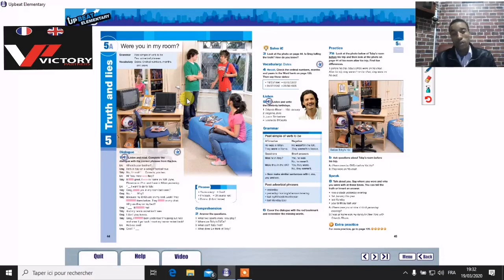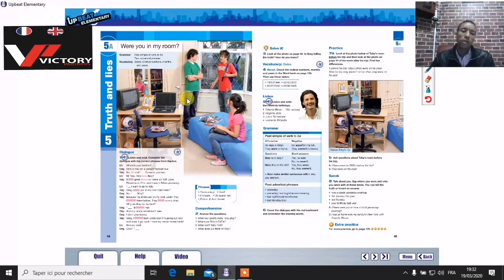In the picture, of course, we have also some furniture. As we studied before, we talked about lots of furniture related to the house, to different things.